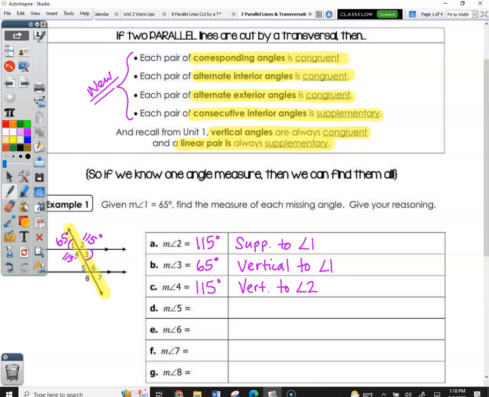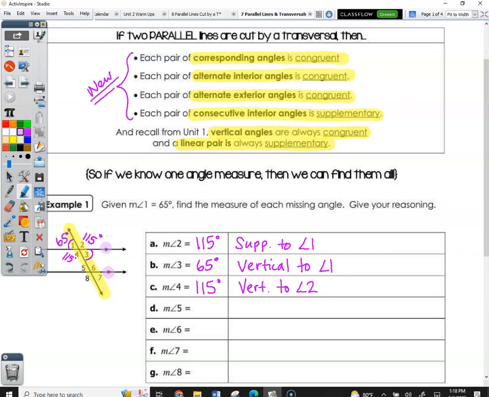Now we've got to somehow connect this mess up here to this one down here. And the reason we're allowed to connect these is because they are parallel. If they were not parallel, then there's no relationship. But because they're parallel, that means that these lines have a tight relationship. They're running the same all the way across.